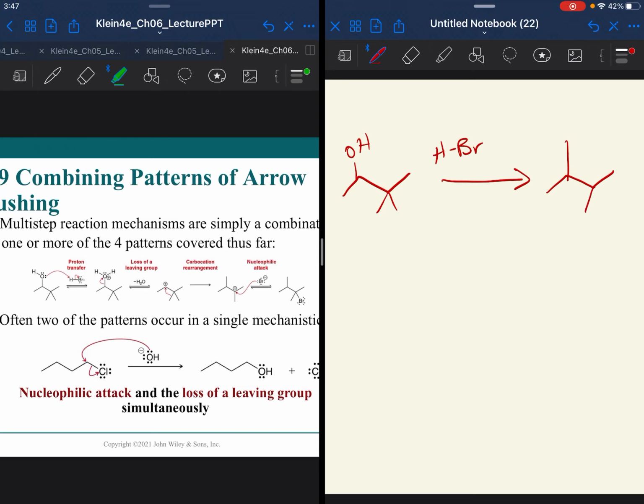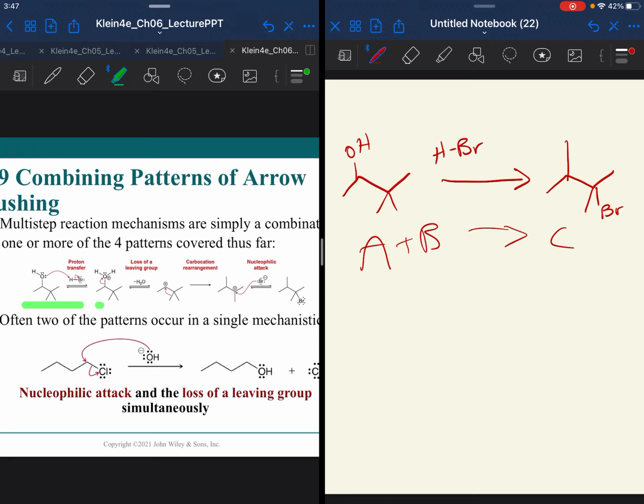And we are getting an interesting product where there is no longer an alcohol, but there's a bromine, and it's in a different position. So instead of just thinking about this in terms of Gen Chem, okay, A and B make C, we are going to look at exactly how that happens.